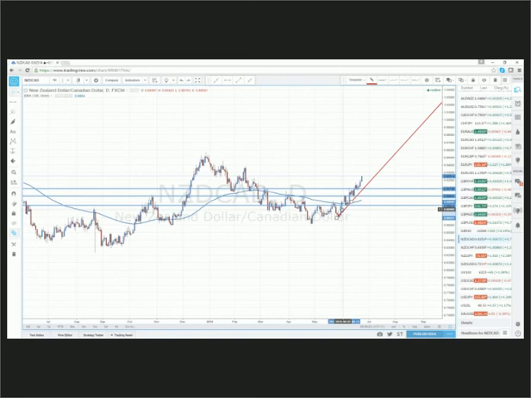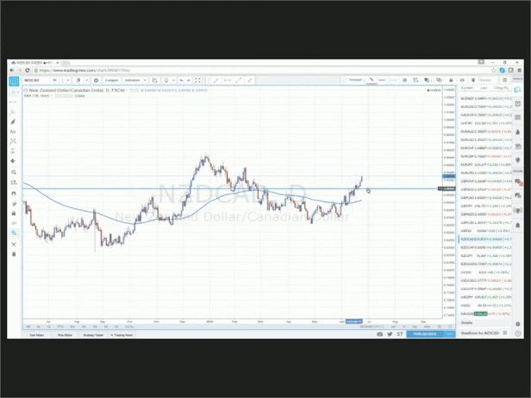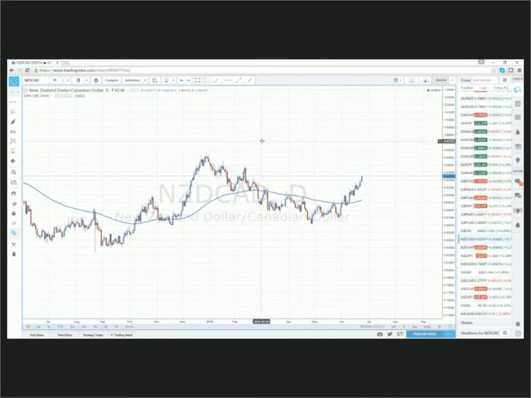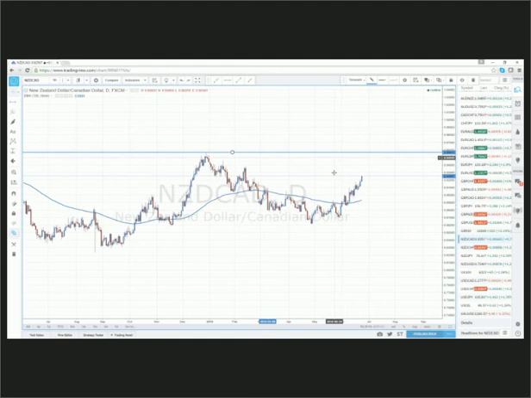So what do you look at on the higher time frame on the New Zealand Canadian dollar before taking the long trade on the 4-hour chart? So you would look to see that ultimately you're not trading into any super significant levels. So for example, if a trade presented itself here, I wouldn't take that trade, even if it was showing a beautiful trend on the lower time frame.